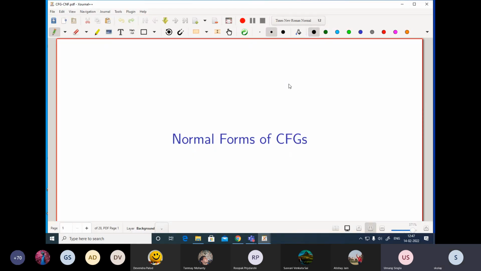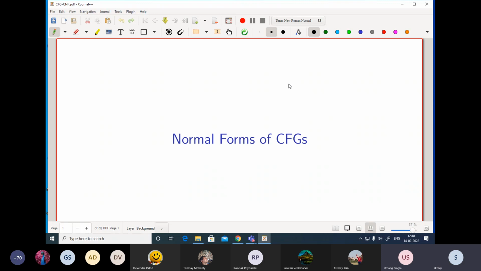I have 15 minutes, a little bit more than 15 minutes. Okay, so we looked at context-free grammars, and basically we looked at the productions. The main component of context-free grammars is the productions. These productions are basically the rules by which we are doing the derivations. So it would be nice if we had some structural properties of these productions.